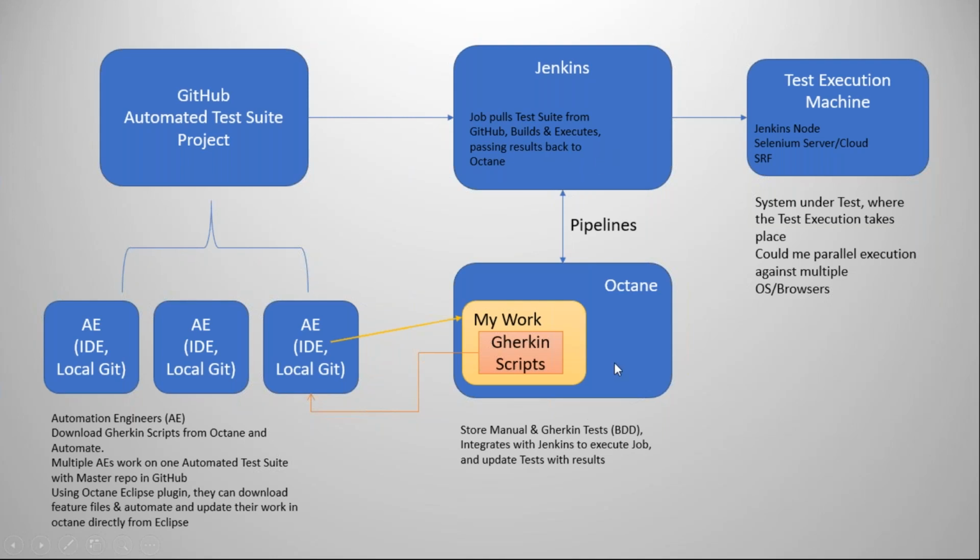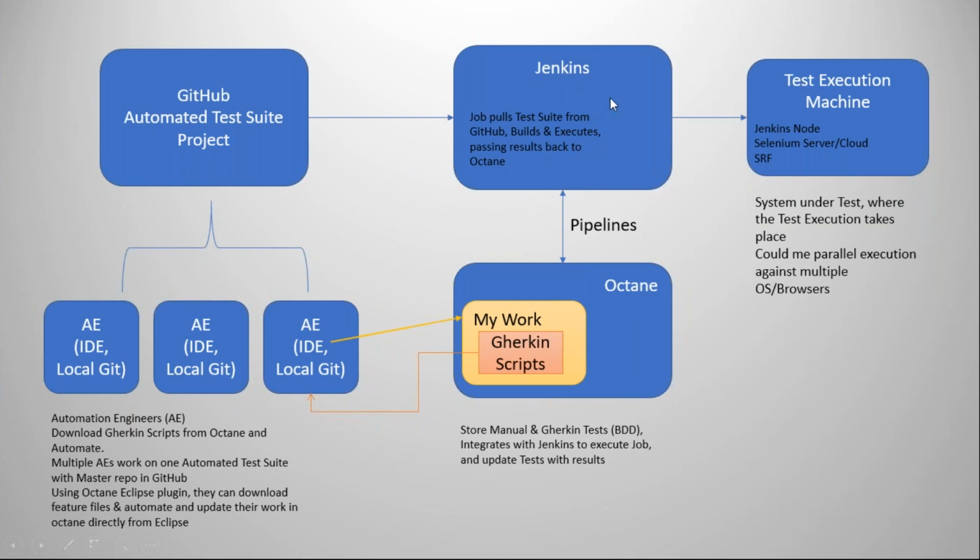So in Octane, we can see the status of our automated tests and whether they passed or failed. Everything is recorded back in Octane. We can also use Octane to kick off the Jenkins job and execute the automated tests. I'll talk about that when we get to Jenkins. There's a number of ways we could kick off that automated test suite execution.